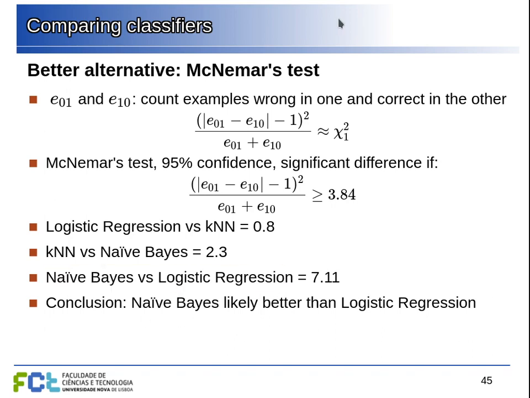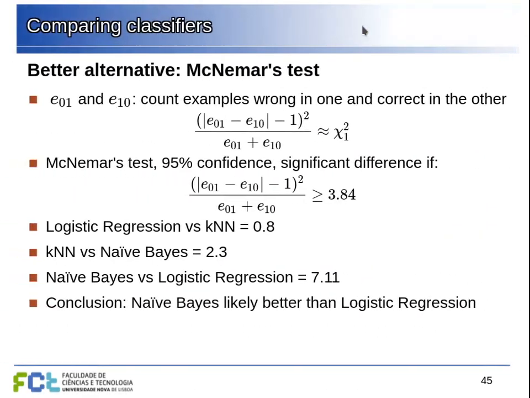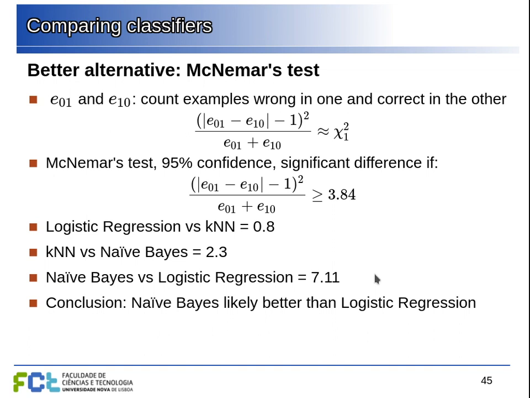But when we compare these two hypotheses, the one obtained with logistic regression and the one with naive Bayes, for this particular data set, the different results we got in the test set make this very significant. So this is unlikely to have occurred by chance, and we can say in this case that logistic regression and naive Bayes are performing differently with statistical significance.